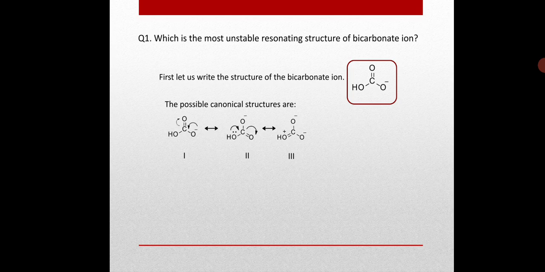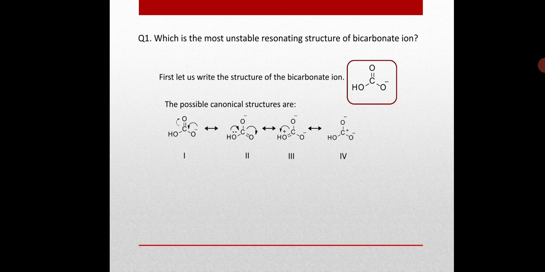This particular carbon atom can now donate its electron to the electropositive oxygen atom, and we can reach canonical structure 4. Now, will all these 4 structures contribute equally to the hybrid structure? No, all will not contribute equally.